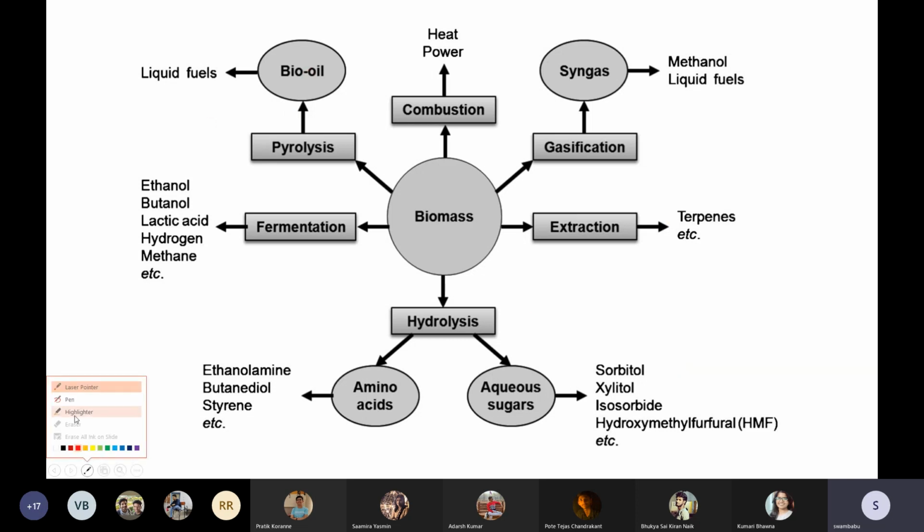The simple reason is that biomass contains cellulose, right? This cellulose is basically glucose molecules.